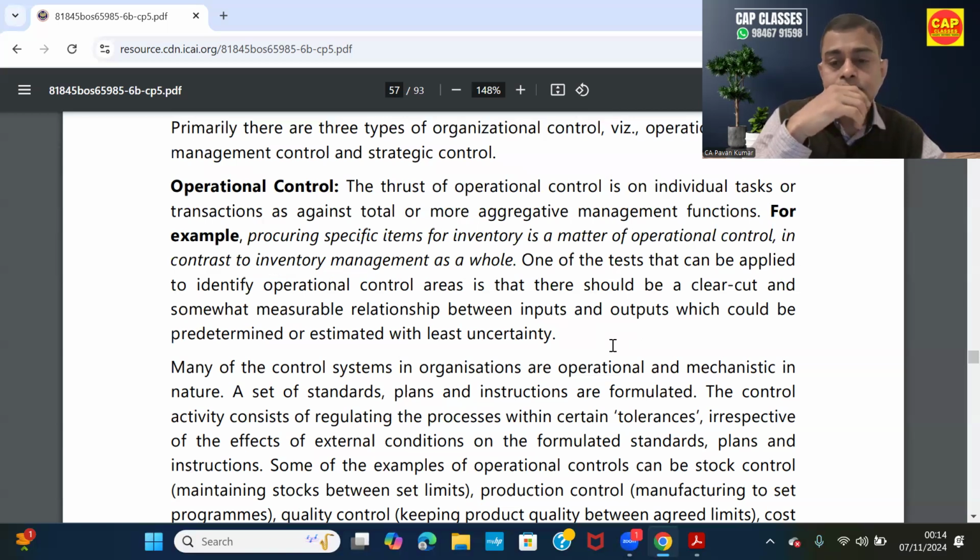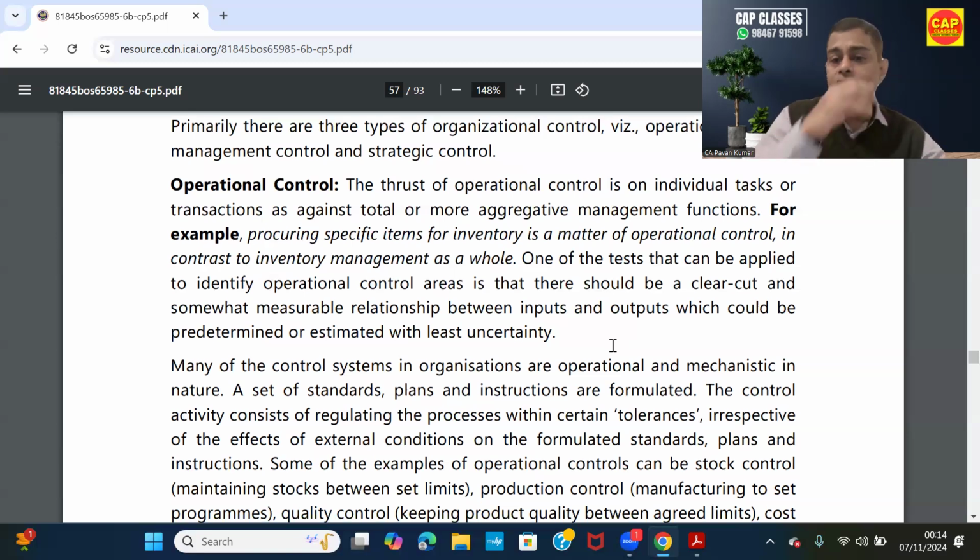One of the tests that can be applied to identify operational control areas is that there should be a clear cut and somewhat measurable relationship between inputs and outputs, which could be predetermined or estimated with least uncertainty.